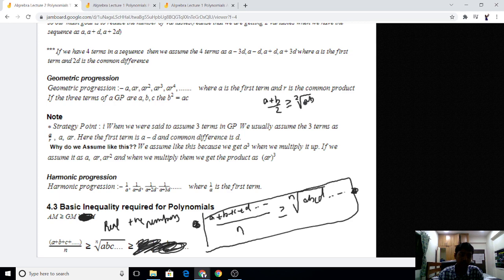I'll try to prove it. a plus b whole square is greater than or equal to 4ab. This is obvious. Then I am taking the square root.